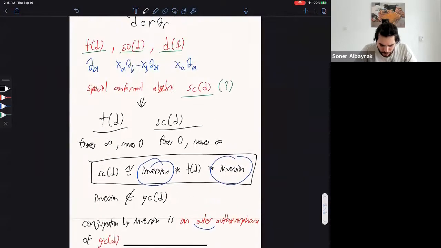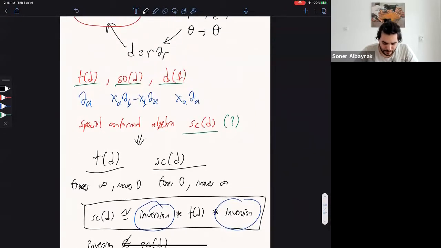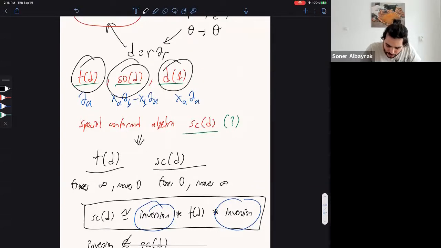Tomorrow I would quickly review this special conformal algebra and maybe show what exactly it does, because these four things are basically it: translation, rotation, dilation, and special conformal generators. They are sufficient to generate conformal transformations.